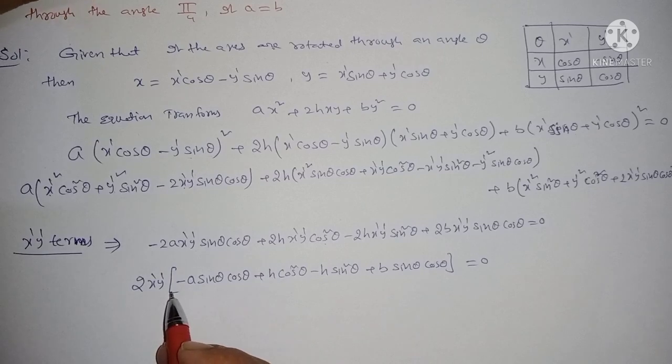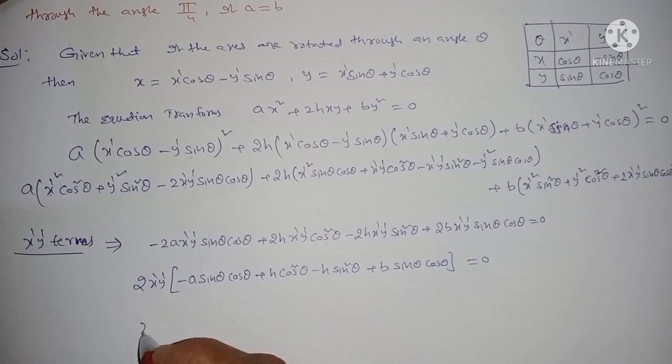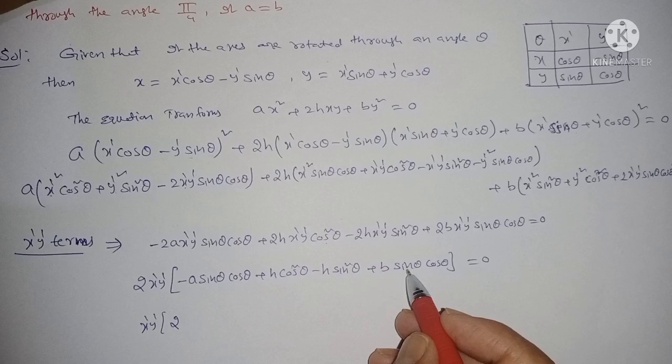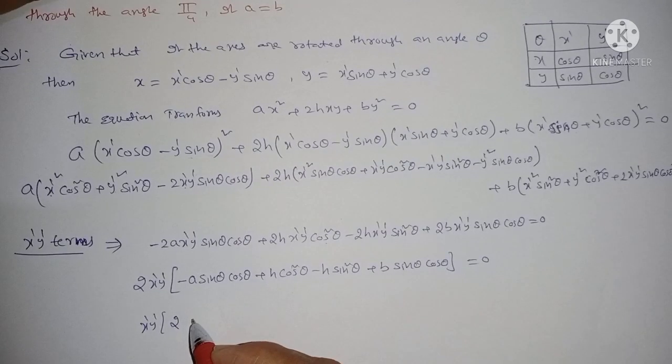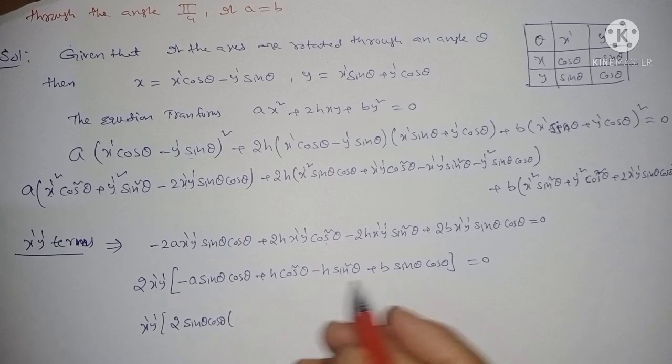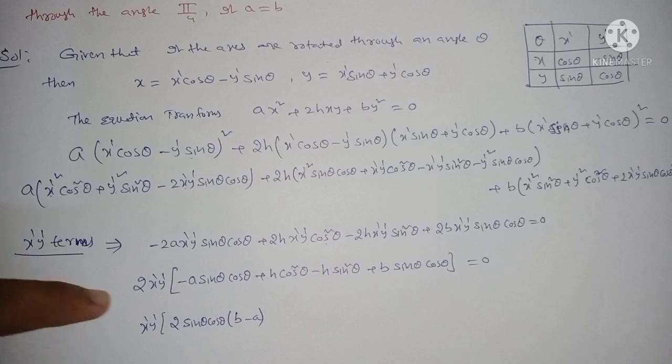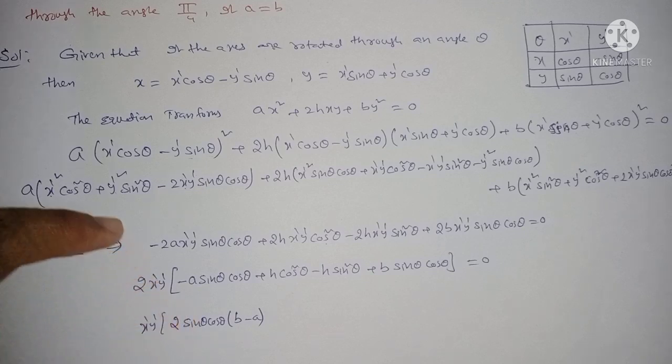Therefore you can observe here x dash y dash term. I can multiply here by 2 and take sin theta cos theta common. First is therefore b minus a. Multiply both sides by 2.